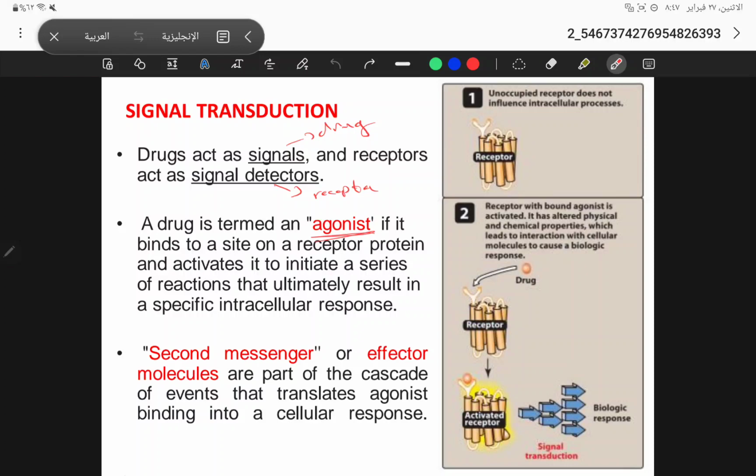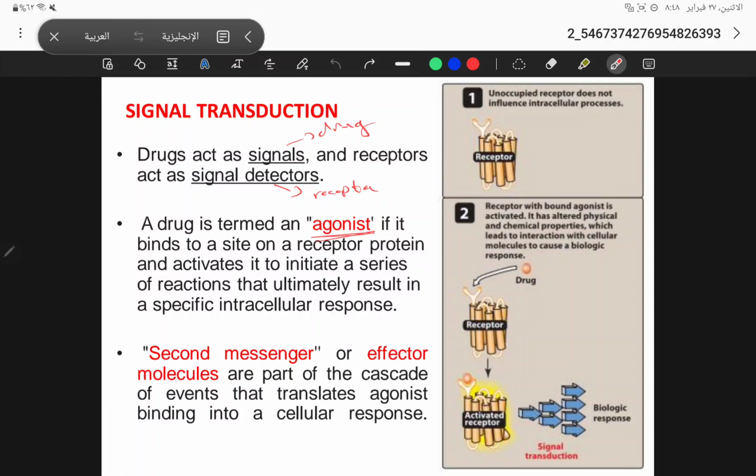What does cascade mean? Like a chain or a waterfall, one after the other. This cascade of reactions will ultimately result in a specific intracellular response. We get the response after all these processes. Here we end the series of chemical reactions, and we end with what we call an effector molecule.